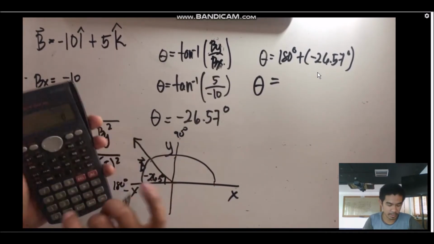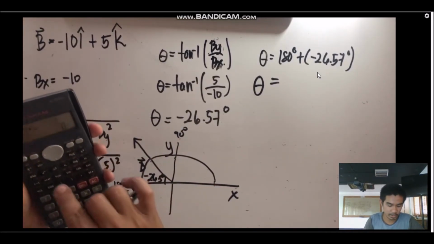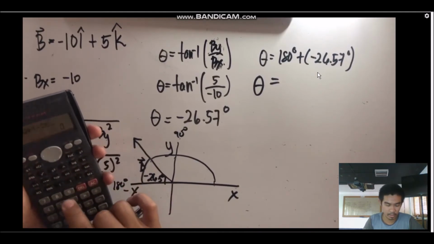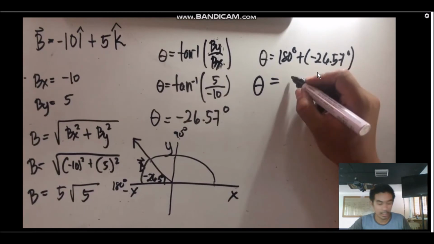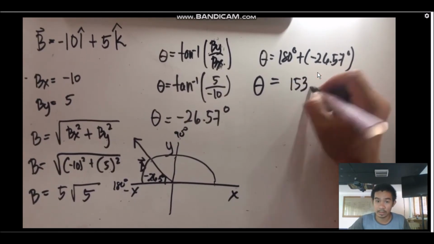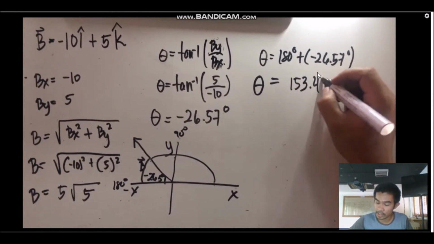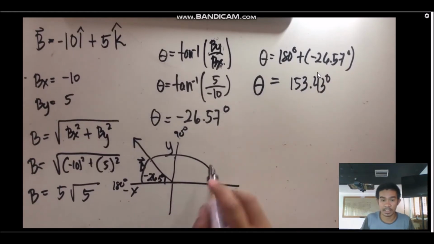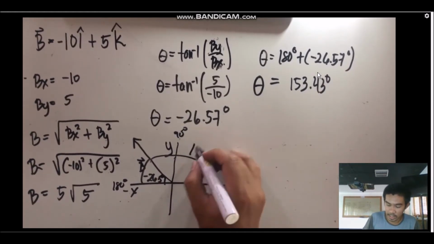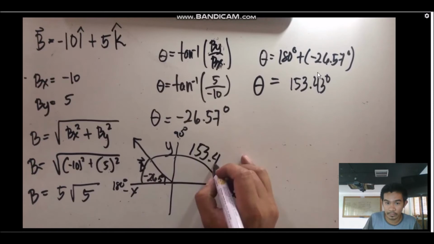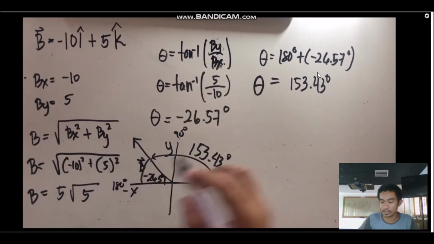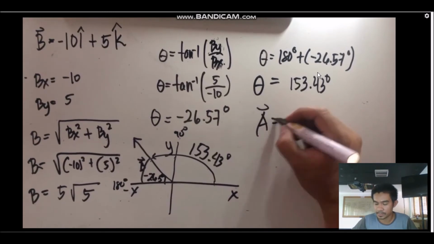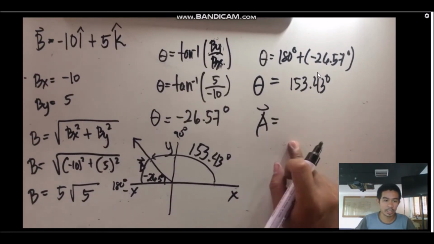So theta is 153.43 degrees from the positive x-axis. Alright, so we can now express vector B in terms of magnitude and direction.